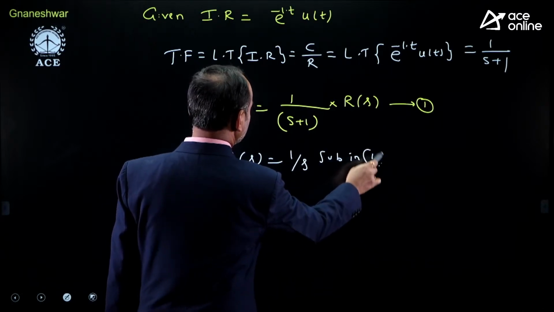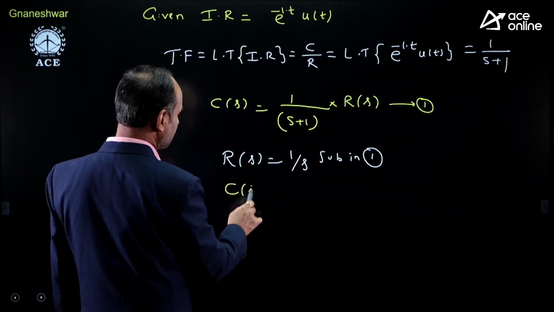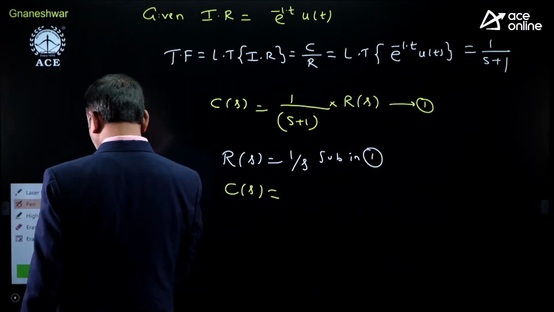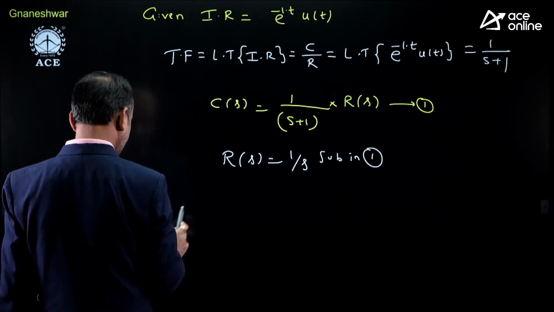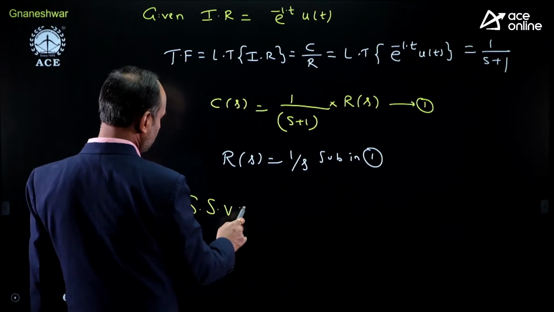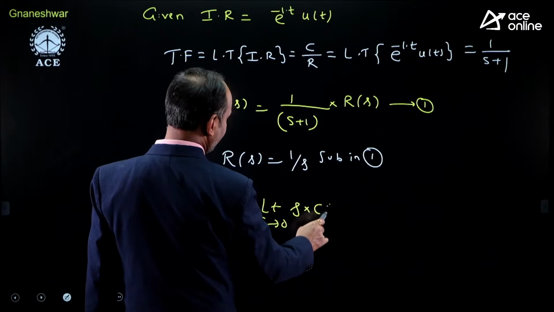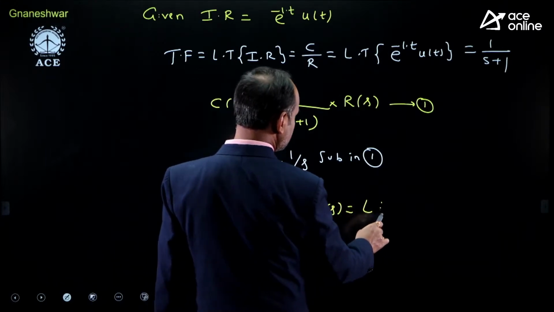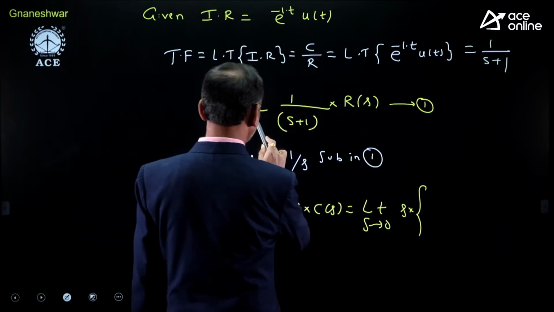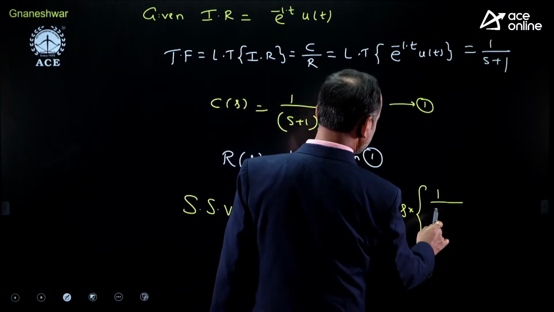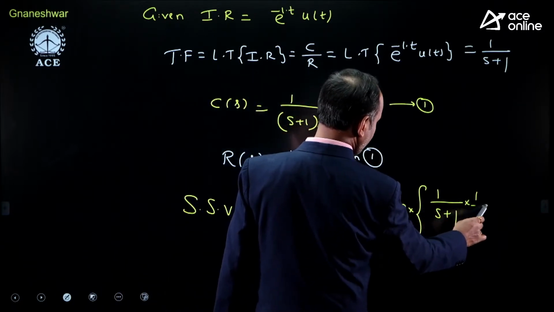Steady state value equals limit s tends to 0, s into C of s, where C of s equals 1 upon s plus 1 product of R of s, which is 1 upon s.